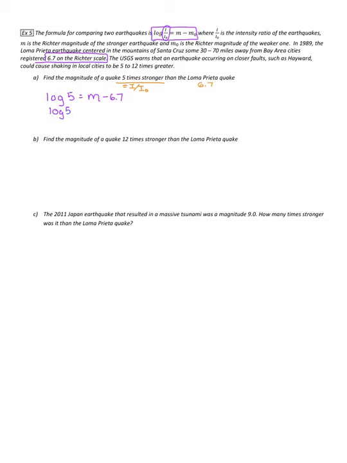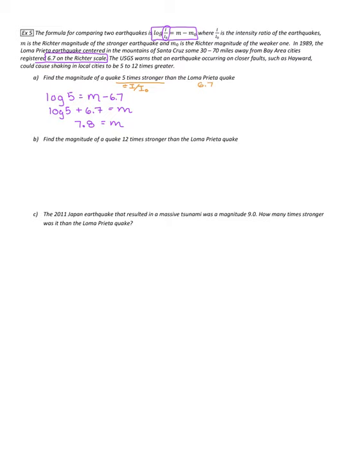So I have log 5, I'm going to add 6.7, so I'm isolating the magnitude that we're trying to figure out. And then basically you just go to your calculator, and it turns out that this will be 7.4 is going to be that magnitude, which brings home, you think 5 times greater, that it would be like 30 something, but no. Every decimal point has 10 times greater magnitude in that Richter scale, which is what this is kind of showing.